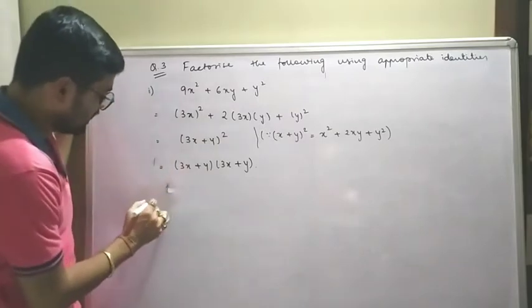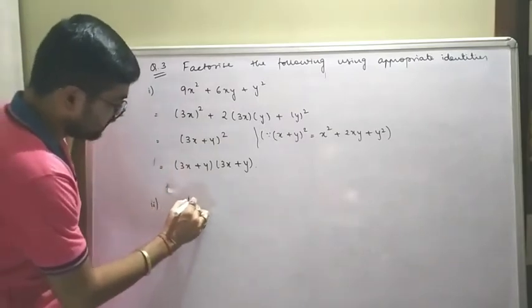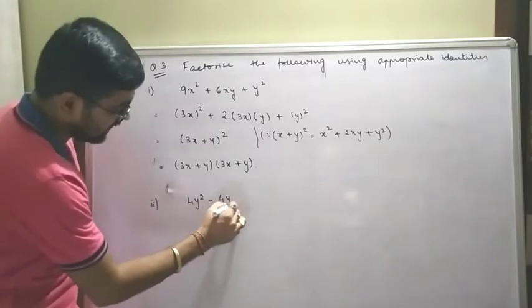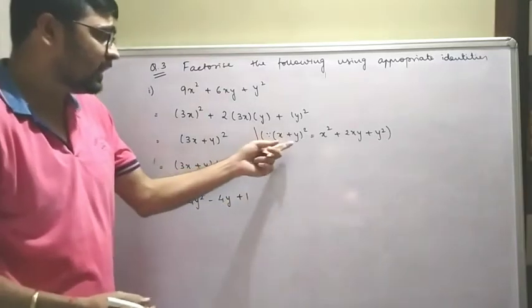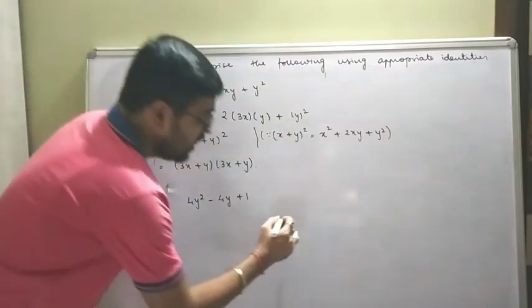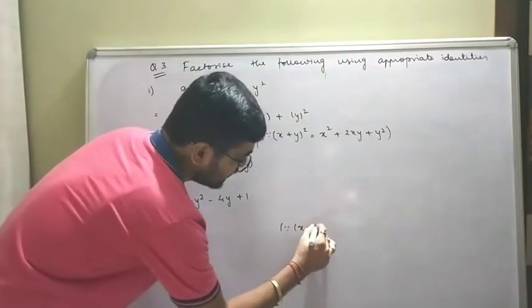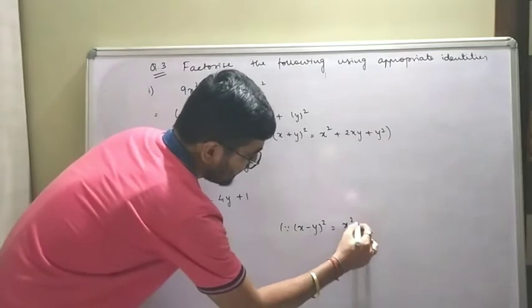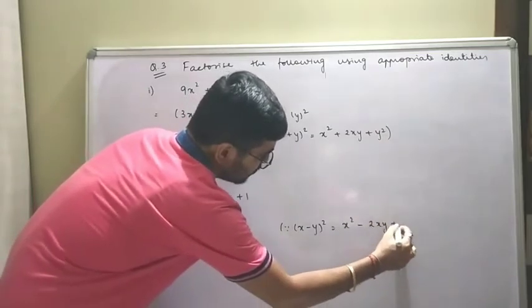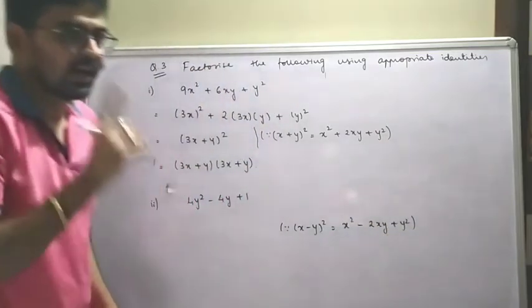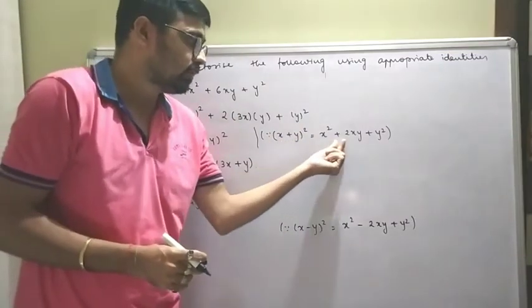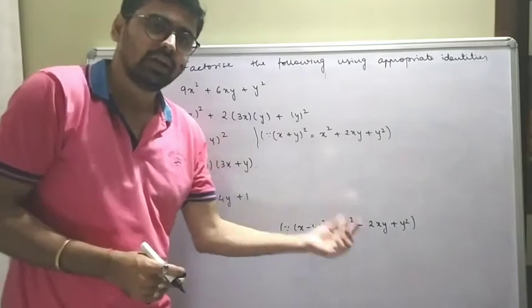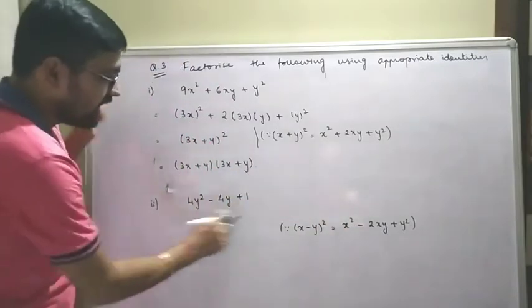Correct. So let me show you the second one, which is 4y square minus 4y plus 1. Now if I know x plus y whole square, what will be x minus y whole square? So I guess x square minus 2xy plus y square. I told you at the same time how you can remember it. If it is positive over here, plus. If it is negative over here, negative. As simple as that. Why I applied this one?